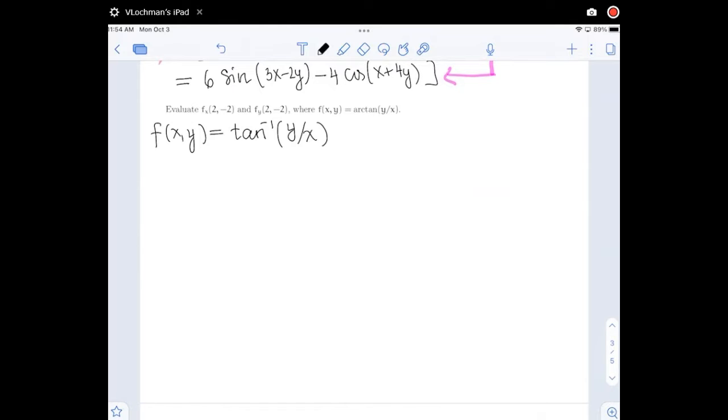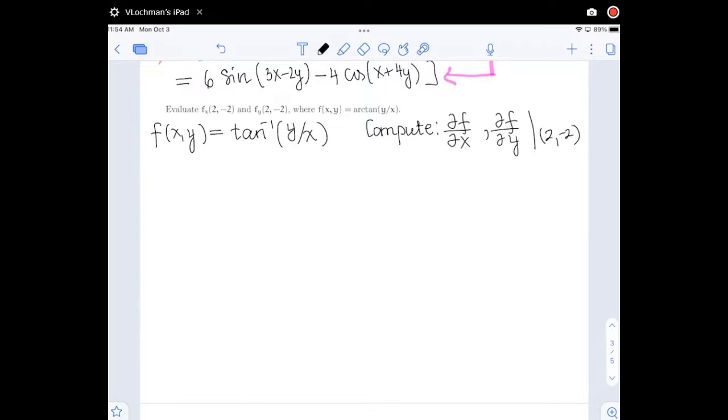It says compute df/dx at negative 2, 2, and then also df/dy at the same value. I can't fit them, so I'm trying to use both notations so you are comfortable with seeing either one. Okay, 2, negative 2. All right, let's go ahead and compute the partials first.